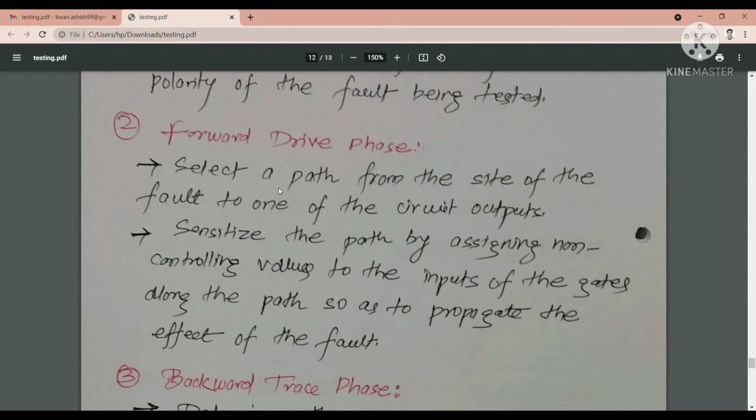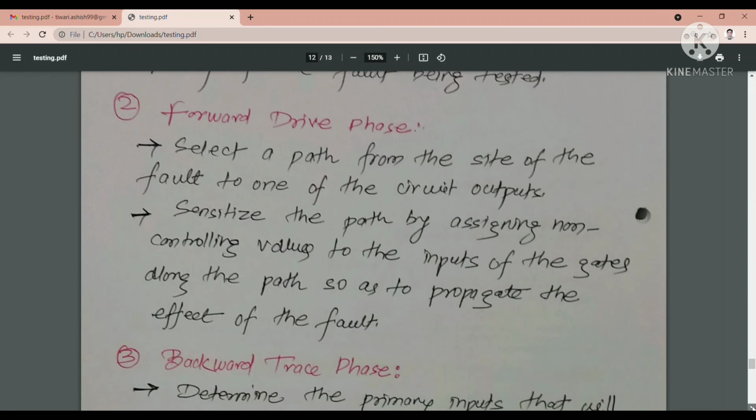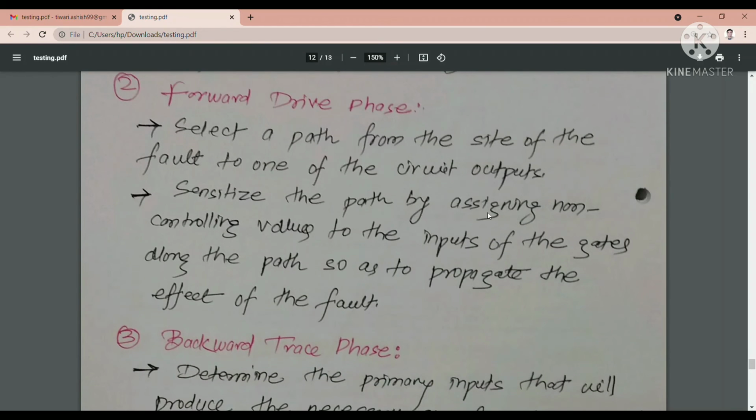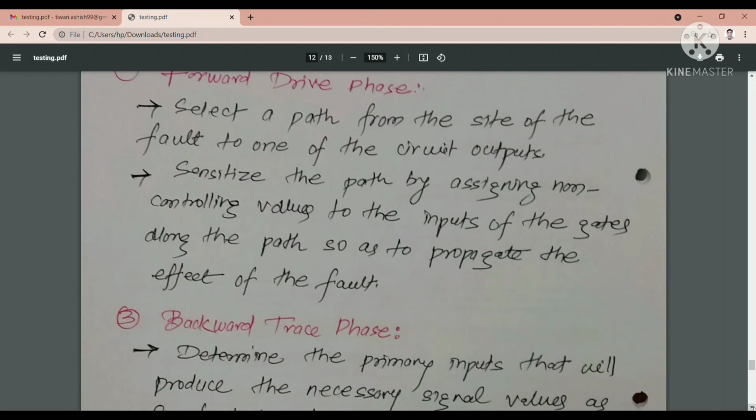Select a path from the site of the fault to one of the circuit's outputs, that is the primary output, because we have to propagate the fault. Then sensitize the path by assigning non-controlling values to the inputs of the gates along the path so as to propagate the effect of the fault, which we have already seen on the previous page. We will see one example, then you will surely understand this.